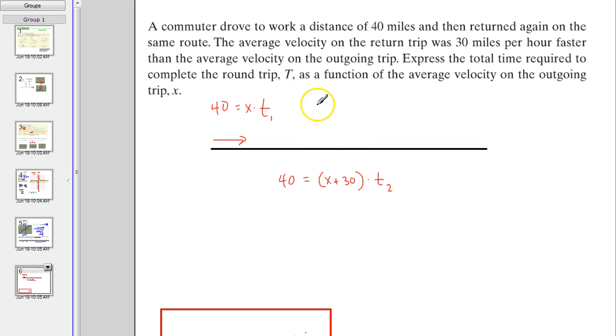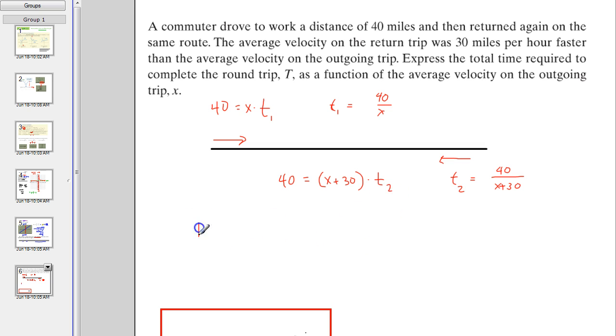So what we're going to do is solve for t1 and t2. If I divide both sides by x, I get t1 equals 40 over x, and that's the time it took him to go to work. If I divide both sides by x plus 30, I get t2 equals 40 divided by x plus 30, and that's the time it takes him to get back home from work.